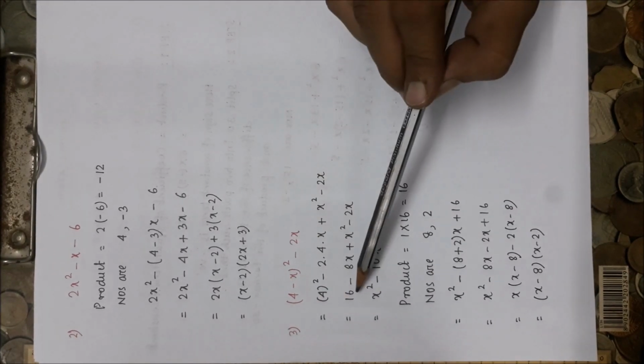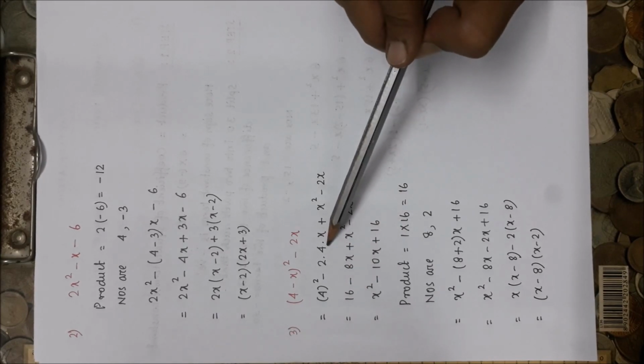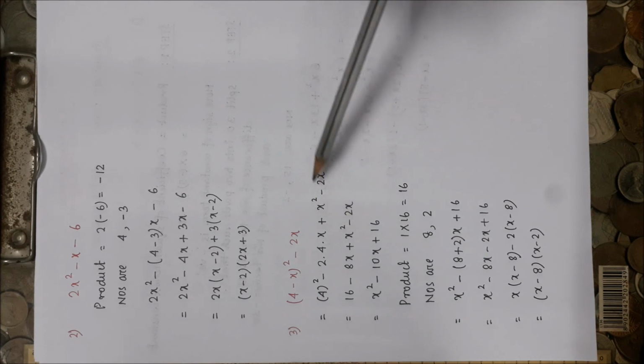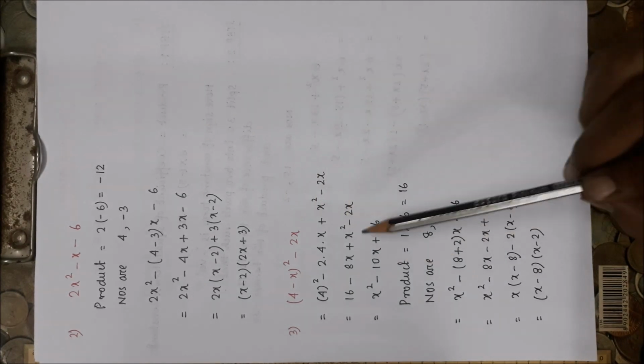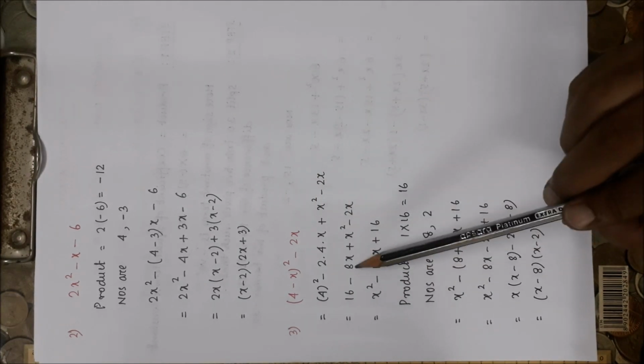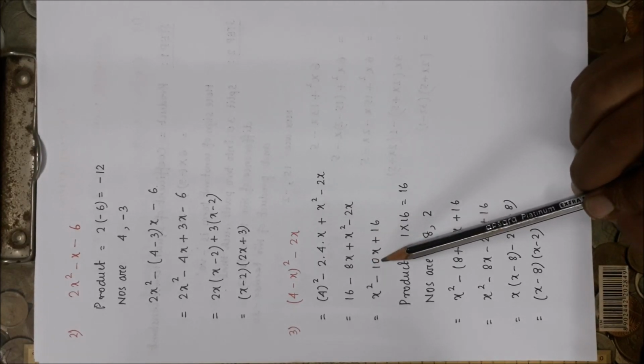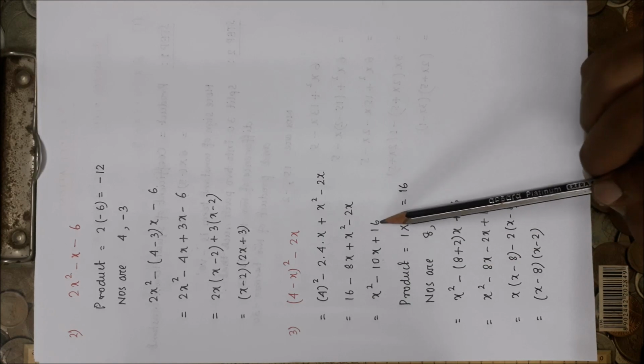So 4 square equals 16, 2 into 4 is 8, into x, so minus 8x plus x square minus 2x. So we will get x square minus 8x minus 2x equals x square minus 10x plus 16.